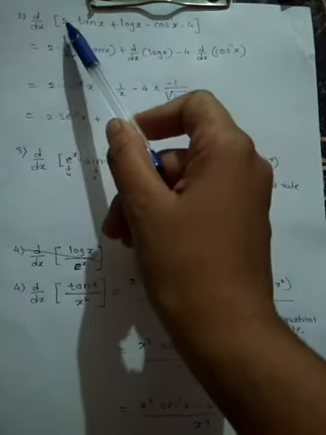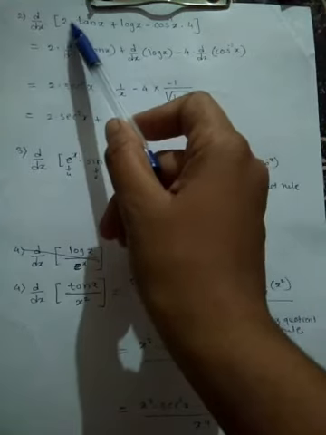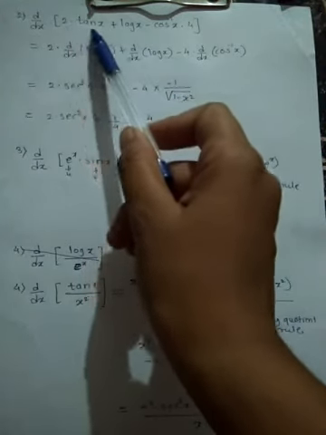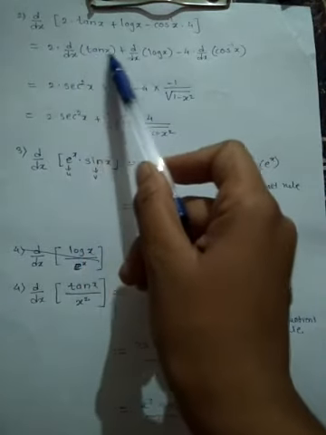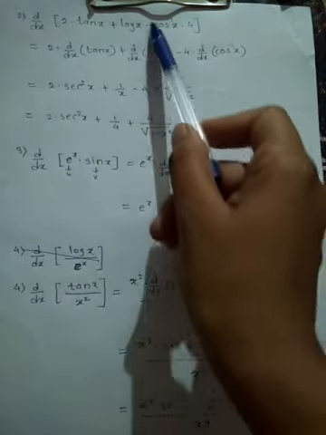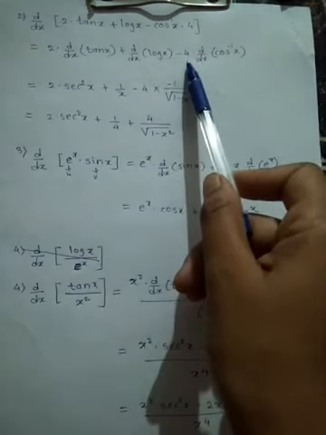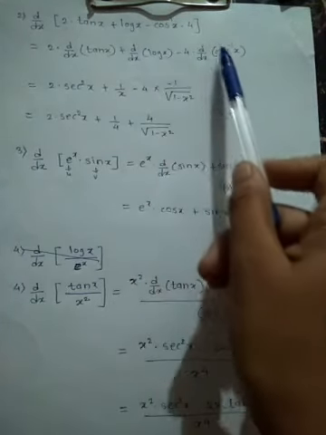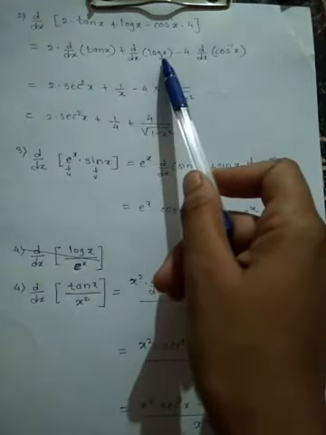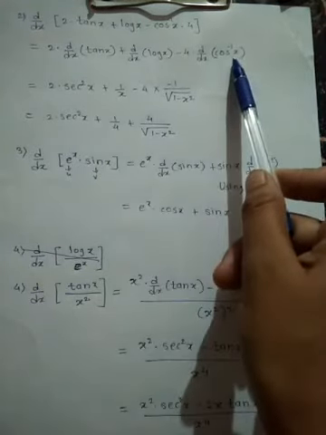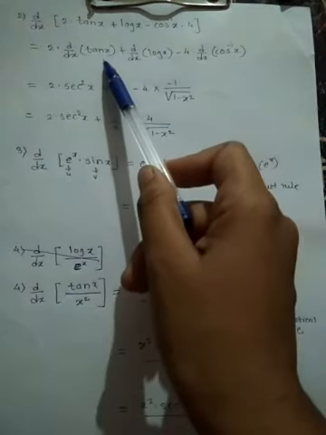In the first term there is a constant 2 in multiplication with tan, therefore we take 2 outside: 2 into derivative of tan x plus derivative of log x minus constant 4 outside, derivative of cos inverse x. Now we know the derivatives of tan x, log x and cos inverse x are all standard functions.